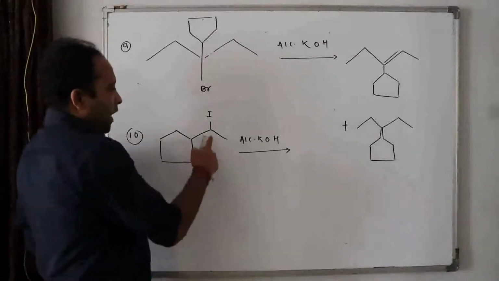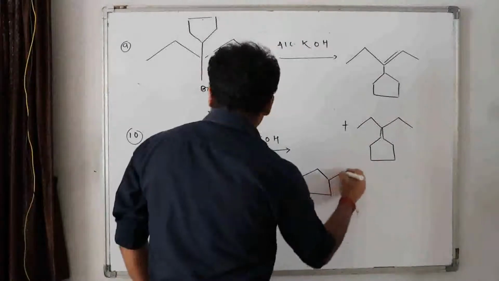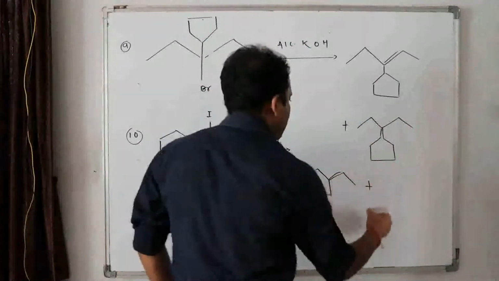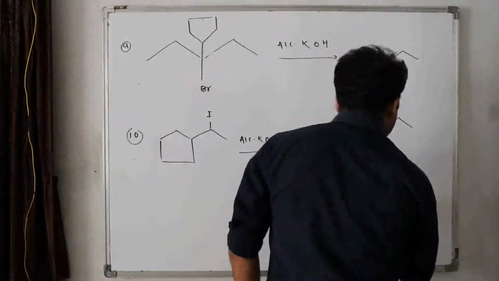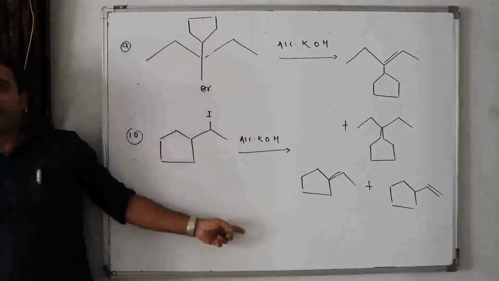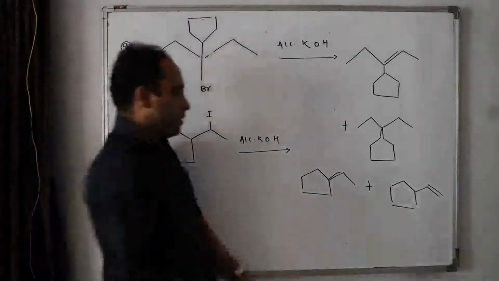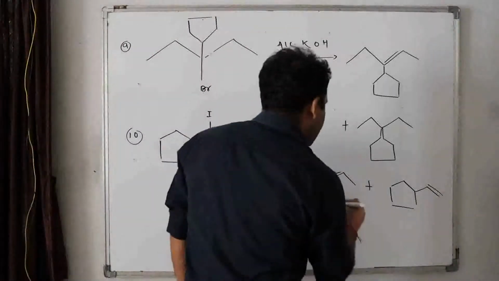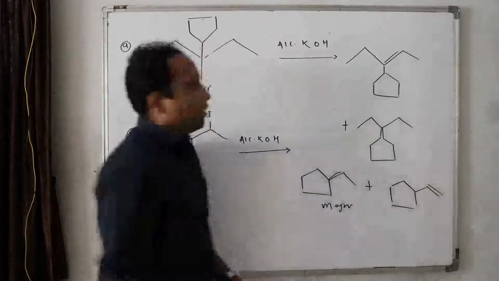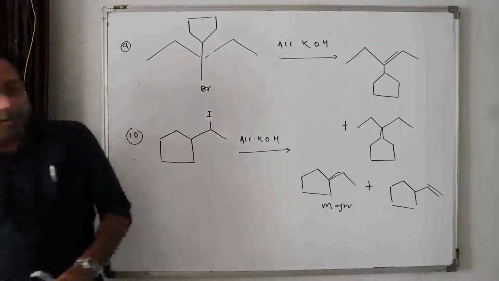Now, either I can have products in this way, or I can have product this way, isn't it? Now you know better which one will be the major product. Which one will be the major product? This product will be the major product. Why? More crowding. Easy. Let me go for one more question.